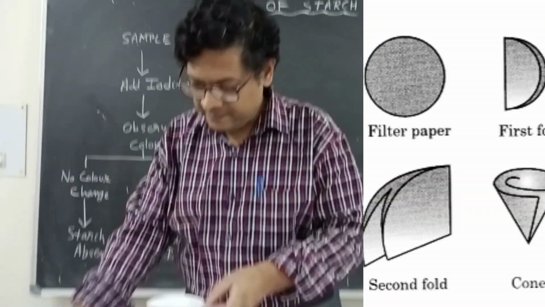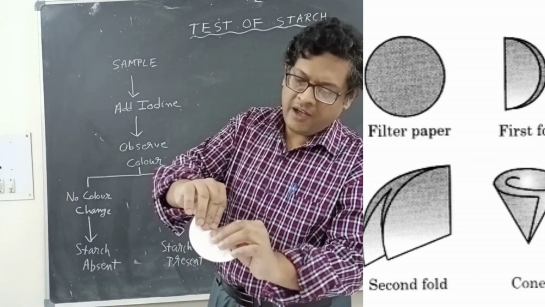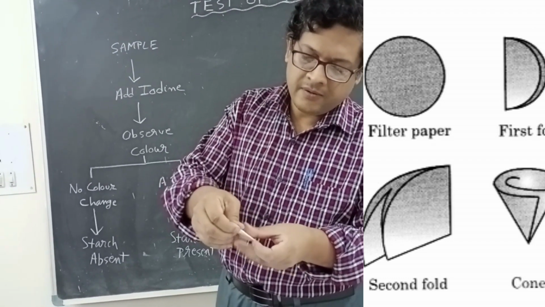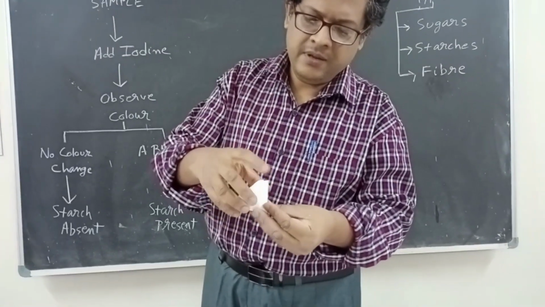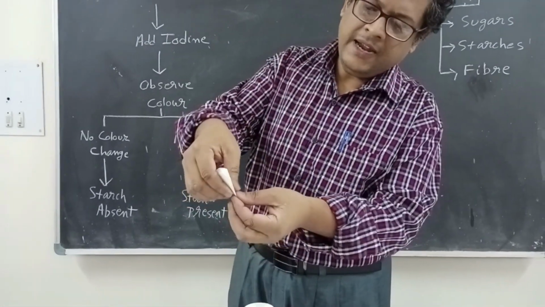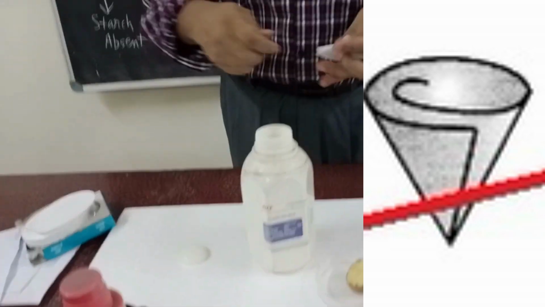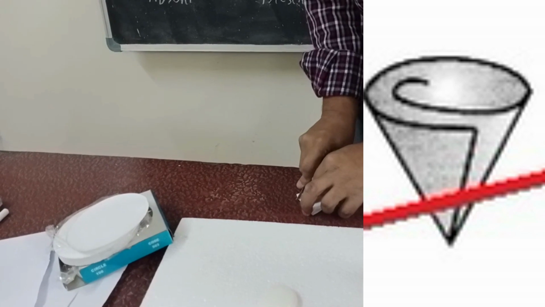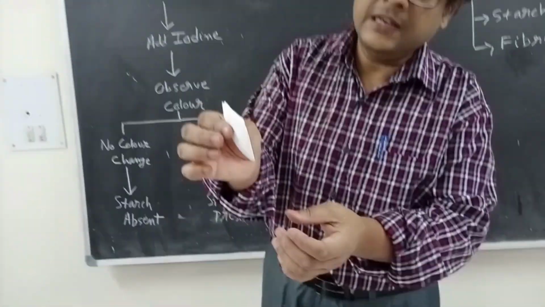It is very simple. We fold it in half, then again in half, then I tear off that portion with the help of a scalpel. So I get a little hole.